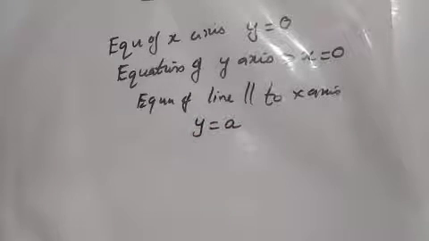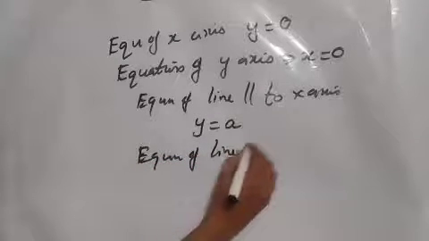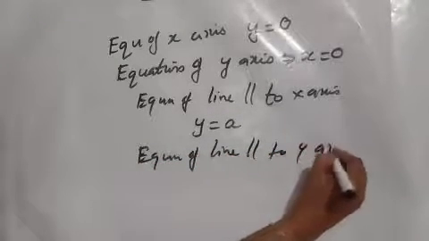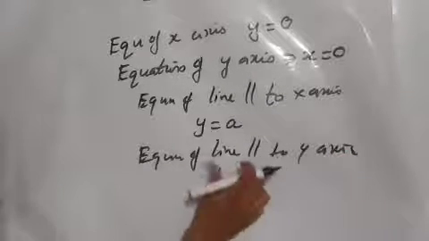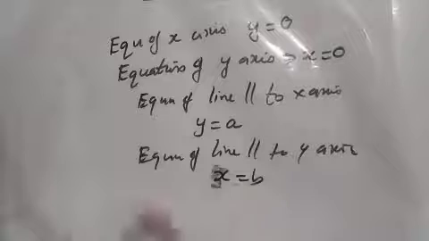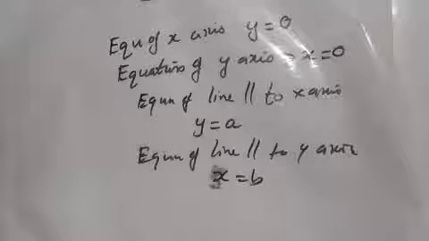And what about the equation of a line parallel to y-axis at a distance of b units? Yes, it is x equal to b. Understood? Remember all these things also.